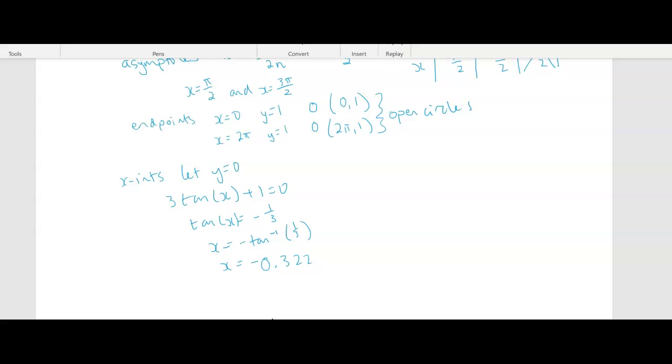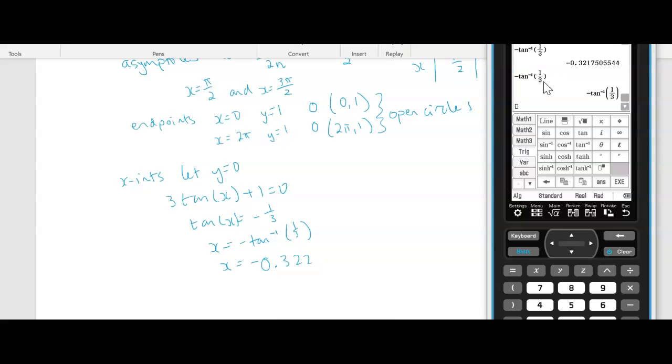All right, so since we now have to use the calculator, what we can do is just to solve.